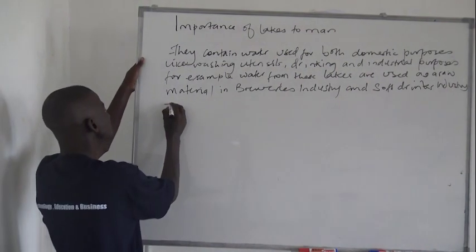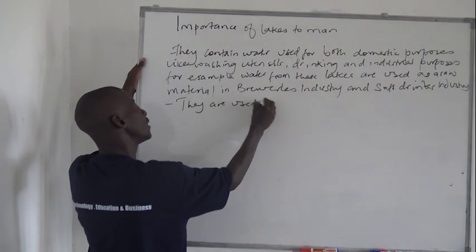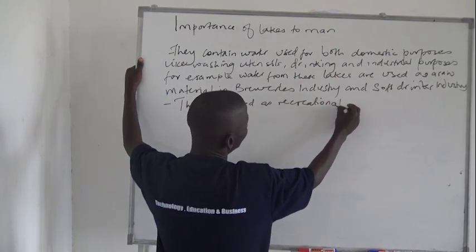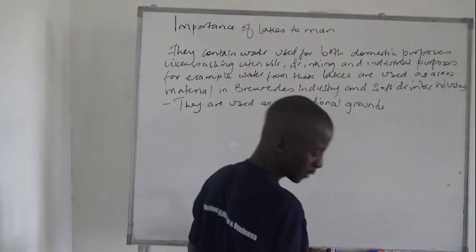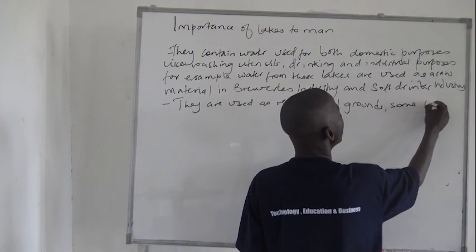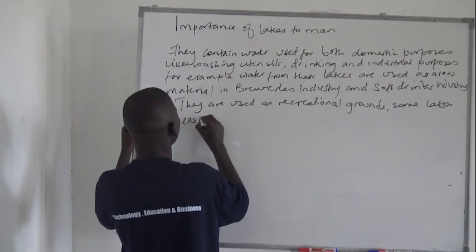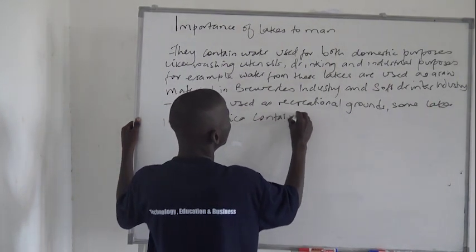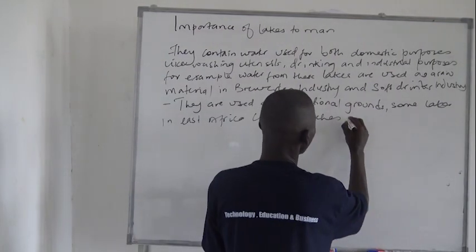So the other thing is they are used as recreational grounds. For instance, some lakes in East Africa do contain what? Beaches. They contain beaches.